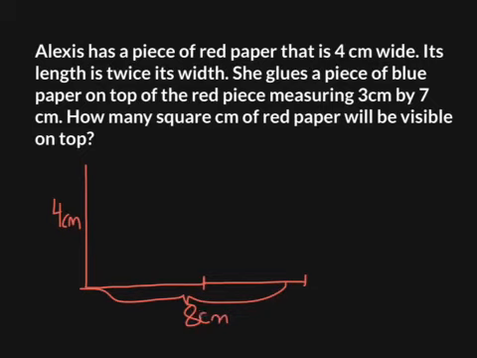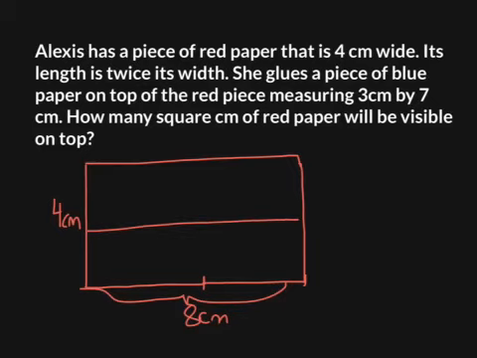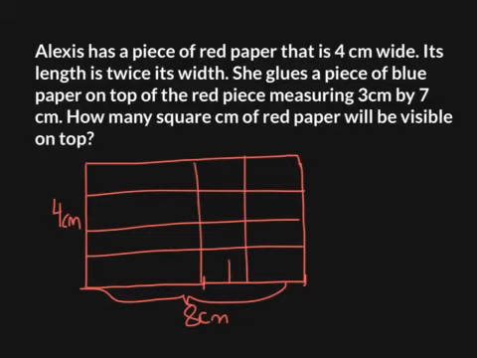It's twice as long as it is wide. Now I'm going to divide this into my 4 by 8 sections. I'm going to make 4 rows, and we'll make 8 columns. And now we have our red piece of paper.